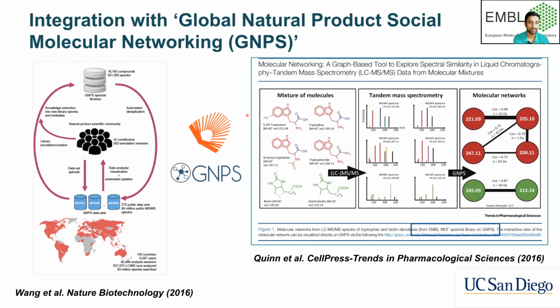If you're working on natural products or botany, this resource is very useful; it is probably the biggest resource in mass spec. If you're doing plant or natural product metabolomics, it is definitely worth looking at.